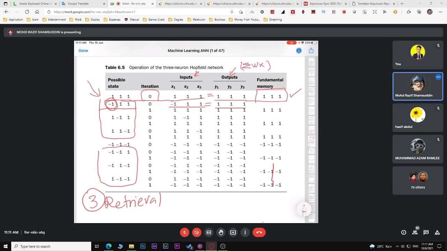Betul tak? Sign. Step number 2 tu. Okay, so ni tak sama. Kan? Titik arrow pula. Tak sama. So, bila dia tak sama, output yang ini dibawa ke sini.